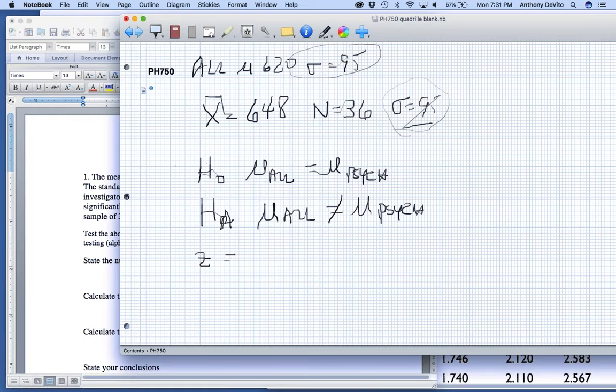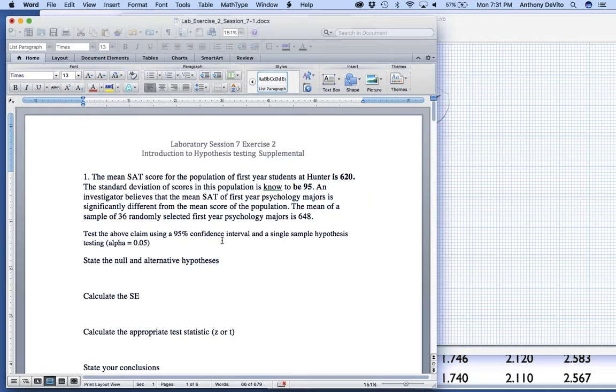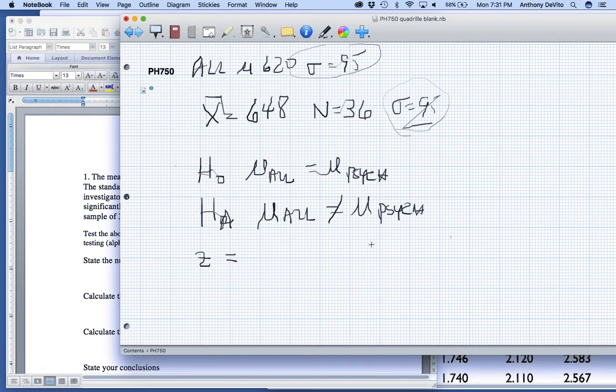The number of standard deviations between these two groups is going to be equal to the difference between x bar and the mean of all. X bar for the psych students, which is all I know, and the mean that I know for the population. This is a known value, and this is just a sample value.